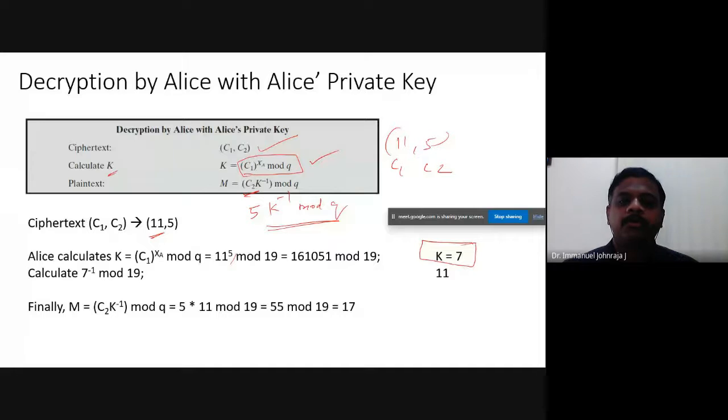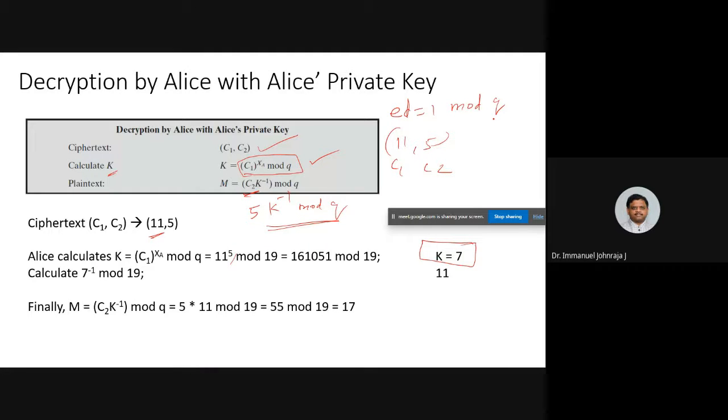Now, this is something you should remember from when we were doing the RSA algorithm. In key generation, we have this kind of multiplicative inverse. If you recall, we had a formula E times D is equal to 1 mod phi. This is not part of ElGamal, this is part of RSA.